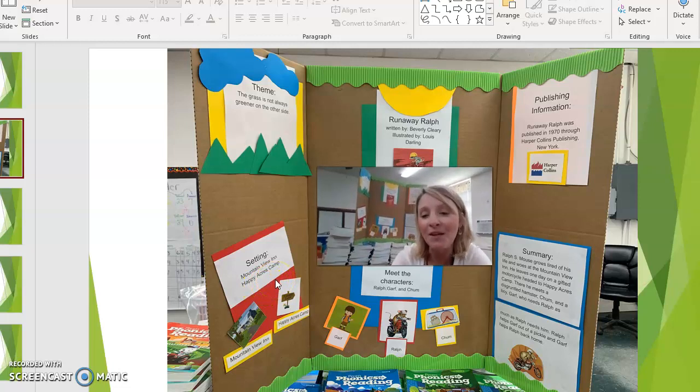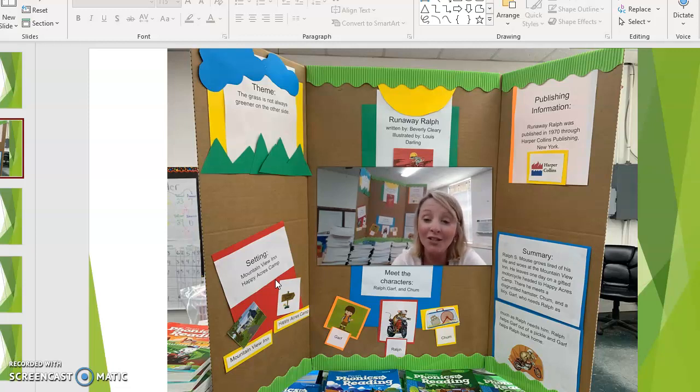I hope that you will choose this, especially if you're a middle school teacher. I hope you will choose to read this book with your students. There was an ABC special made, I think it was back in the 80s, maybe early 90s, based on this book. I don't know if some of you are old enough to remember those ABC specials.